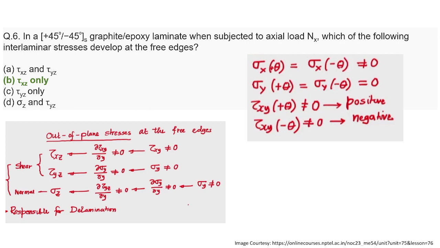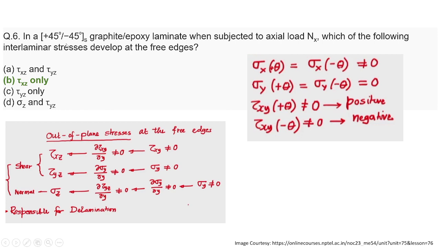So, as we did in the initial two questions, for a plus minus 45-degree symmetric laminate, the final stresses we will find will be such that the stress in x direction for plus and minus theta will be equal and not equal to 0, whereas in y direction it will be equal to 0, and the shear stress in xy direction for plus and minus theta will be equal but opposite in their signs. So from this data we can find what will be the out-of-plane stresses, and from the relation here you can see.